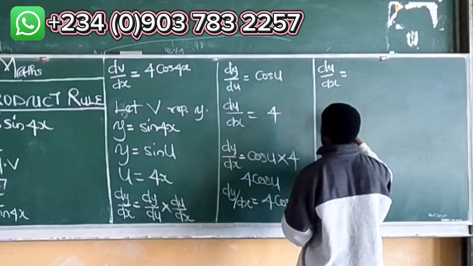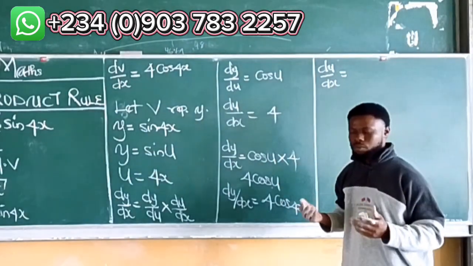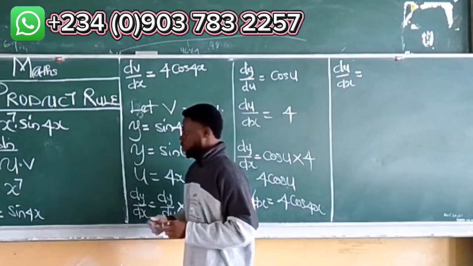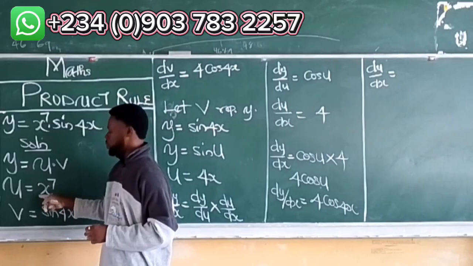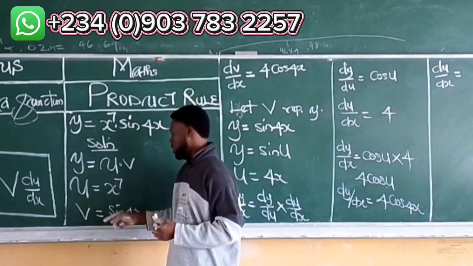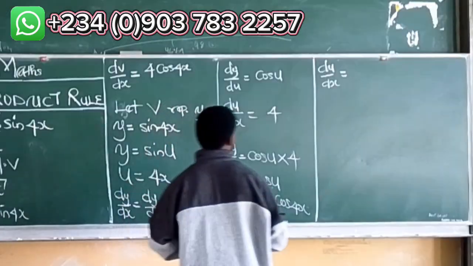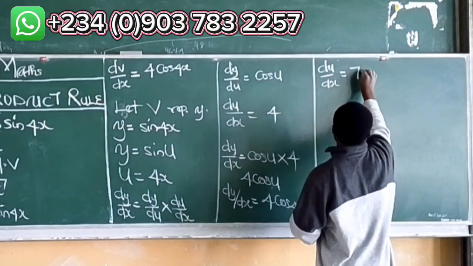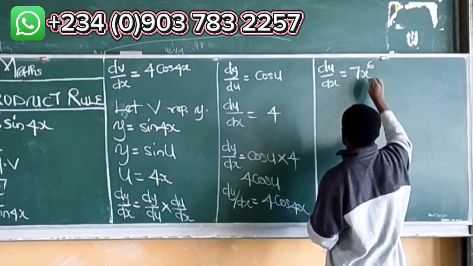If you apply the derivative formula, we are going to obtain 7 times 1, because 1 is the coefficient of x. So 7 times 1 is 7, then subtract 1 from the power. So we have 7x raised to the power of 6.